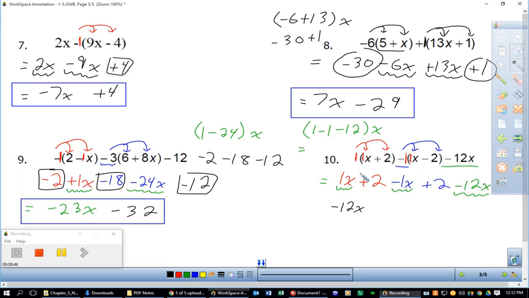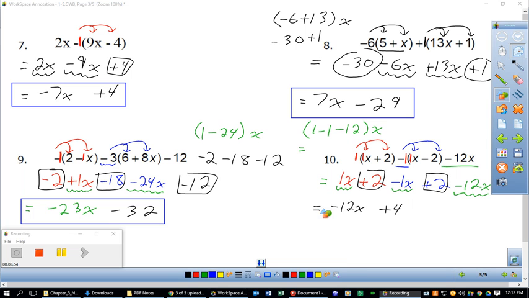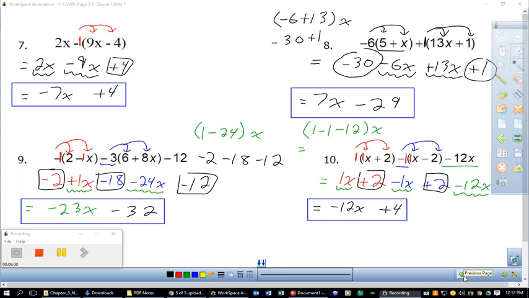Okay. Now we have plus 2, and that's all the constants, so we have plus 4. So negative 12x plus 4 is our answer. That's all there is to it. Lots of steps, but we're doing the same thing over and over again. So just kind of get down what the steps are, and then you'll be good.